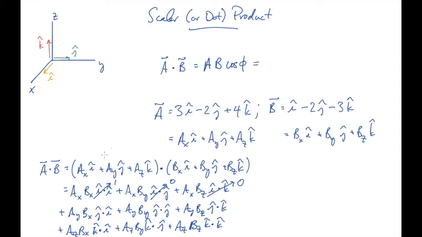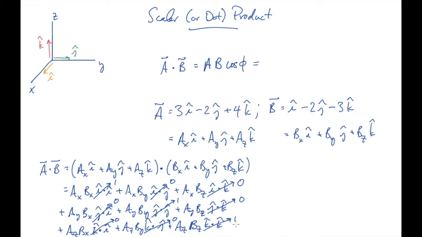And you can see the pattern now. j hat dot i hat is going to give us 0 because the y-axis is perpendicular to the x-axis, 0. But here's a j hat dot j hat. That's going to give us 1. Here's a j dot k, 0 because y is perpendicular to z. 0 because z is perpendicular to x, 0 because z is perpendicular to y, and 1.